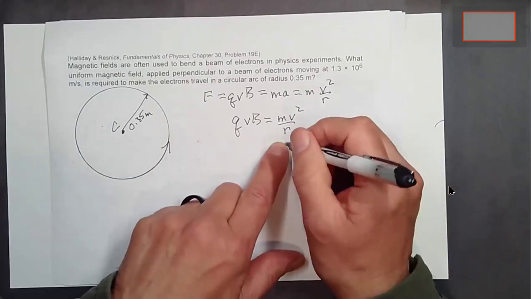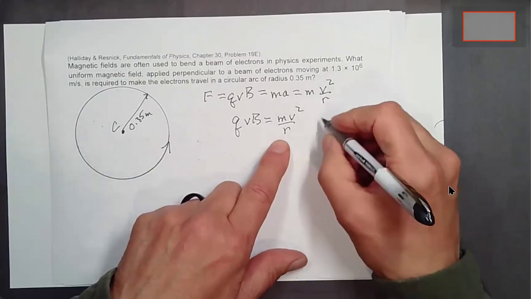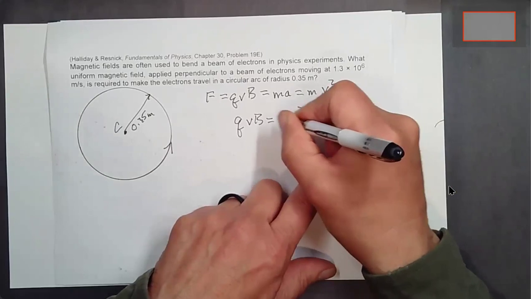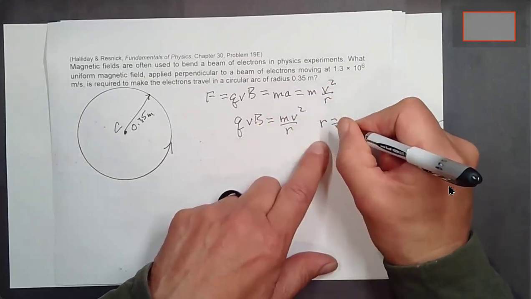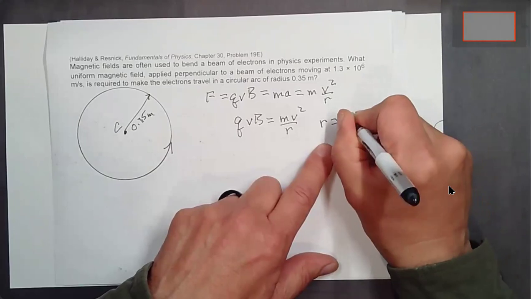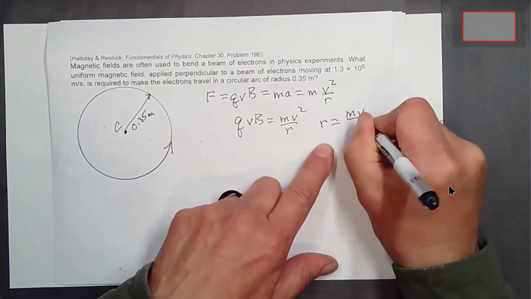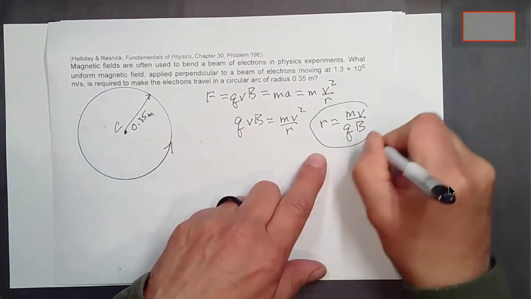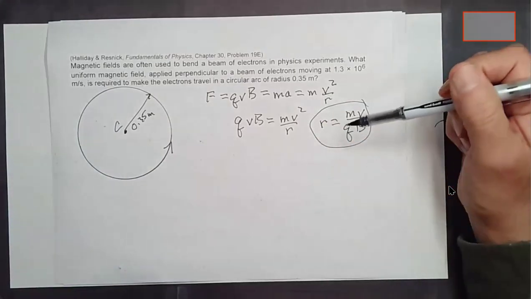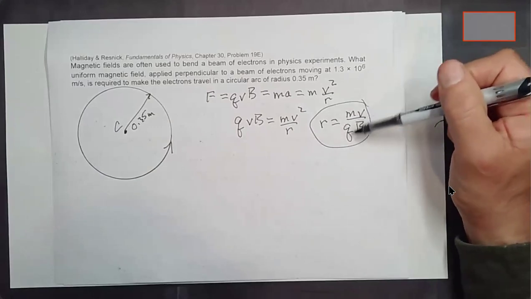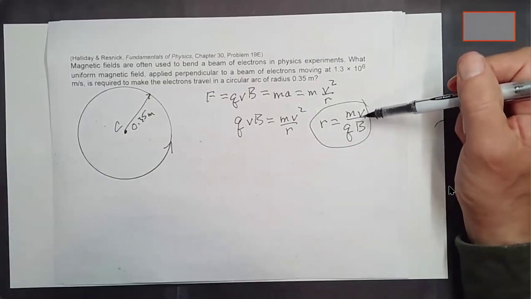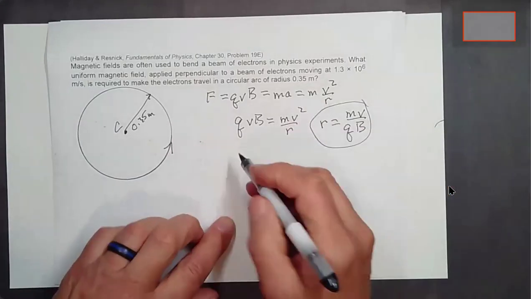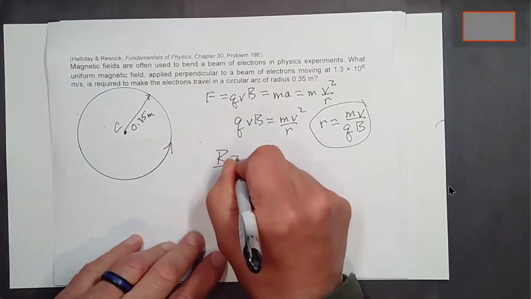But sometimes we may just want to solve for R. If we do that, I'd have MV squared divided by QVB, which actually reduces to MV over QB. So that would be the radius of the circle when you've got the velocity perpendicular to the magnetic field. But in this case, we're after B. So let's solve for that.